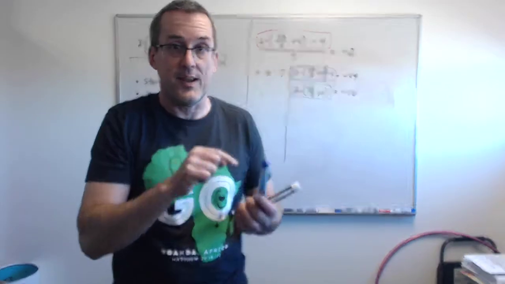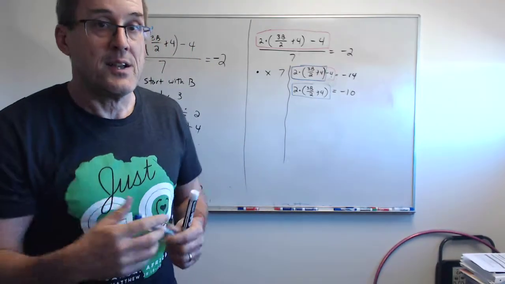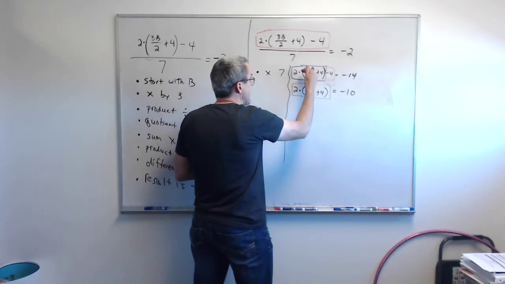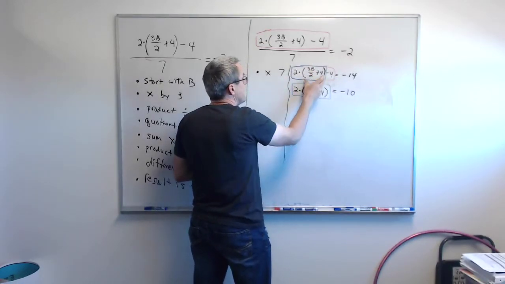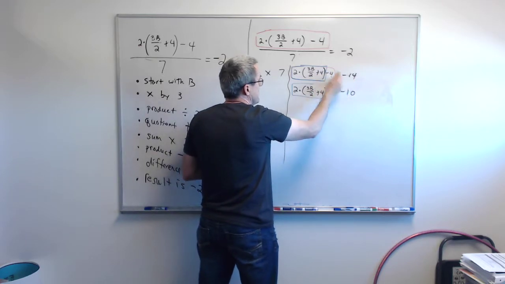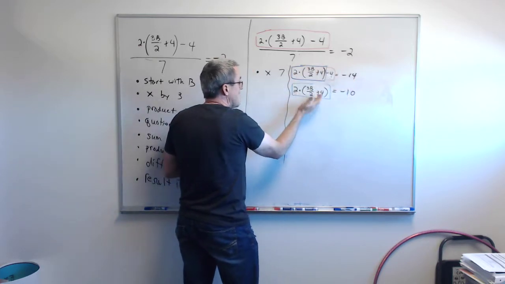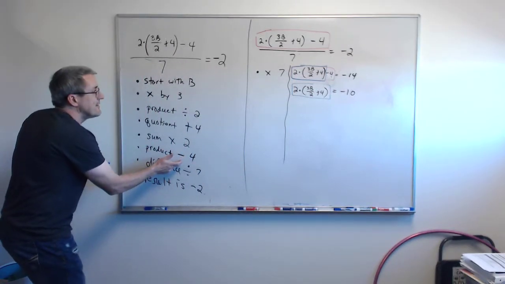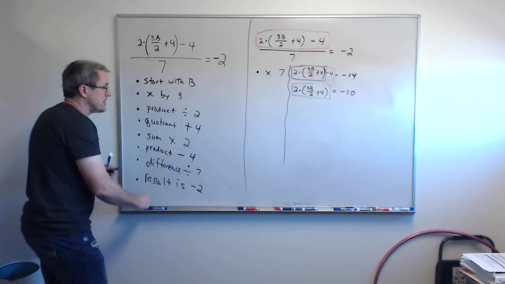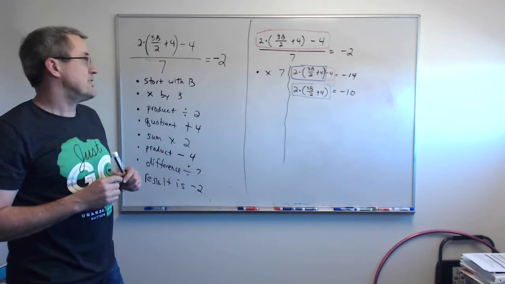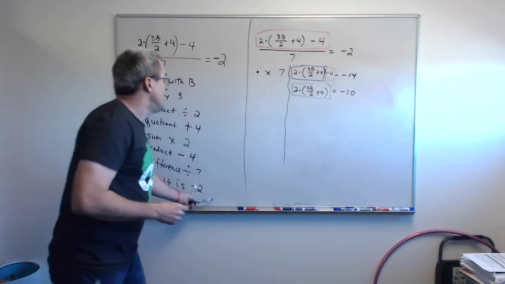Check it if you need to. So I'm making a logic statement here that if you got a bunch of stuff, subtract 4 to produce -14, all that stuff in blue has to be -10. I'm getting a little help because I had to subtract 4 in the construction, so now I'm going to add 4 in the deconstruction. Let's keep going.